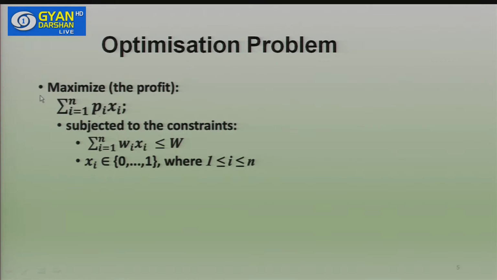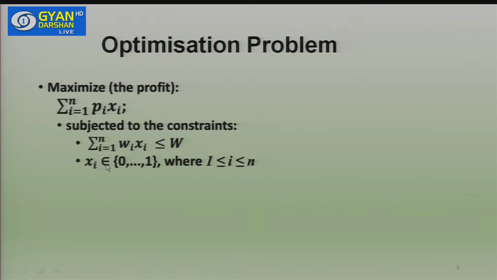However, this particular maximization problem, the optimization problem, is subject to a typical constraint. The constraint is that the sum of all the fractional objects should be less than or equal to W. Ideally, it should be equal to W. That's why we are allowed to have fractional objects in this particular case.